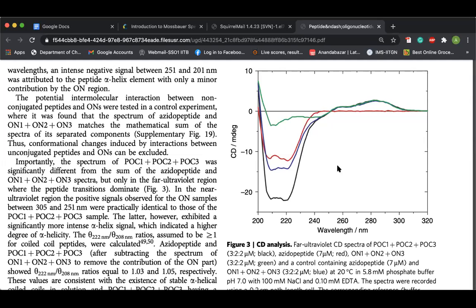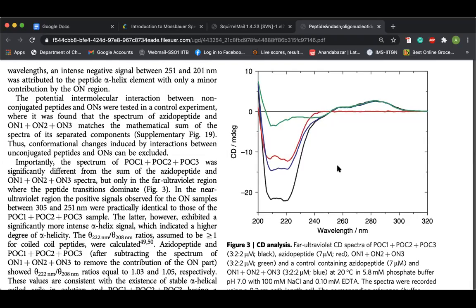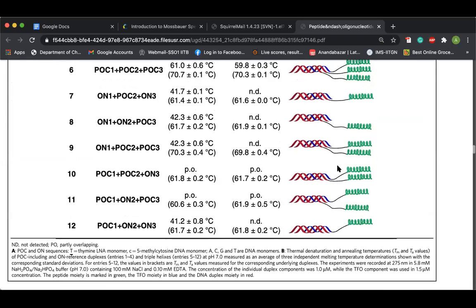So the difference between the blue one and the black one is the most important part of this CD spectroscopy. It shows that, yes, you are creating an intramolecular interaction between the 3 alpha helices and creating the bond.